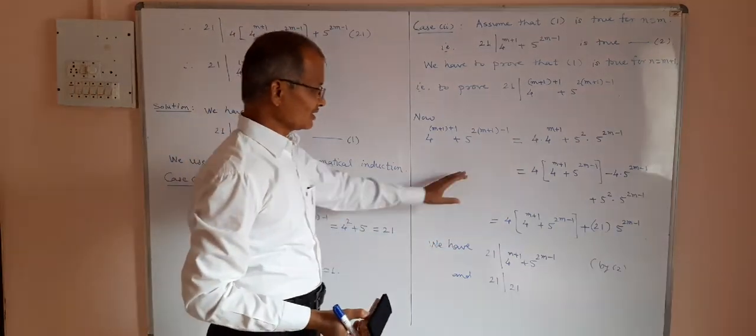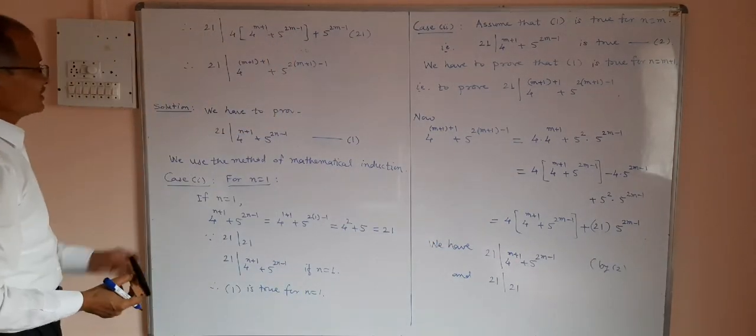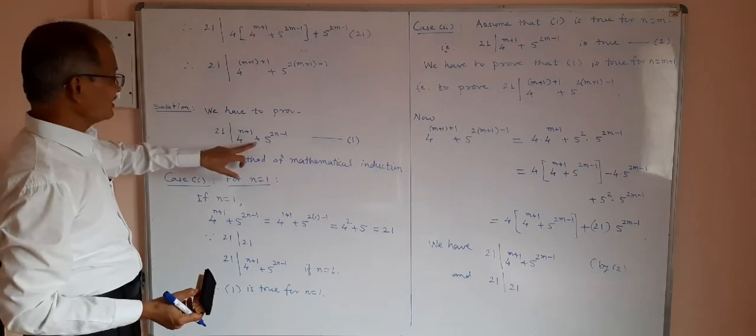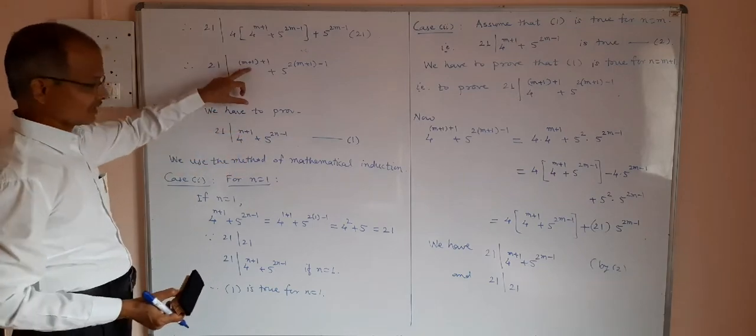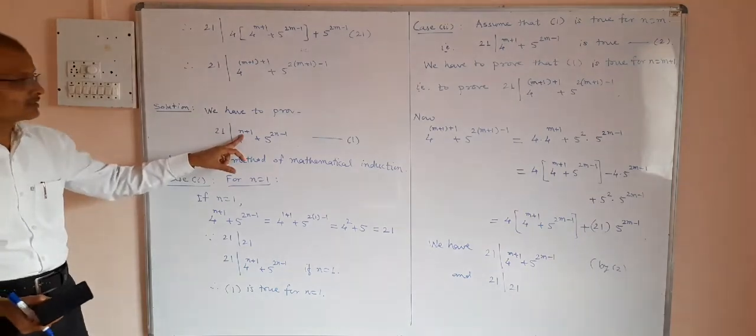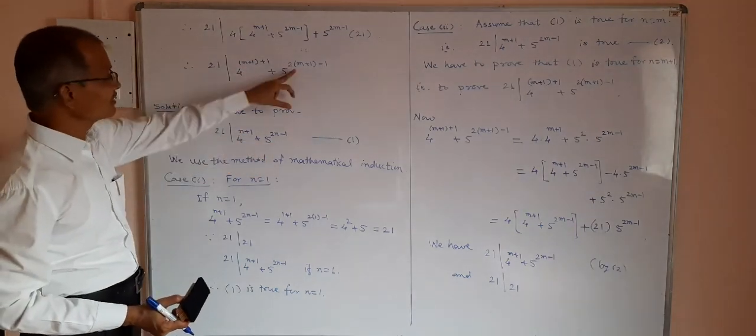From this expression it is the same, and thus this proves that result 1 is true for n equal to m plus 1. We can replace here n by m plus 1. You see the result remains the same.